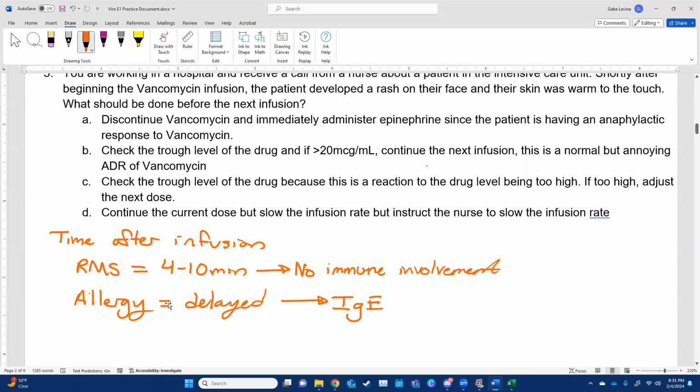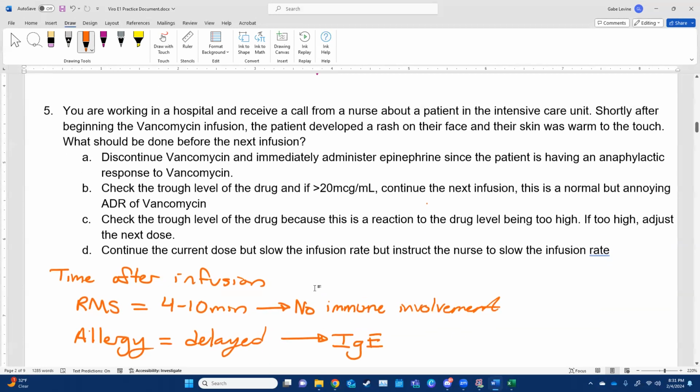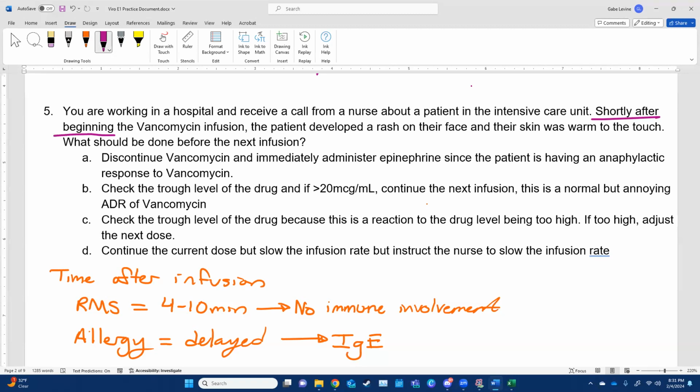So, what to do when we have someone who's presenting with vancomycin and we have this rash, we have to look at how quickly they developed it. So according to the problem, are we seeing a delayed response or an immediate response? What kind of clues us in? Immediate, right? How do we know? Because it says shortly after, right?